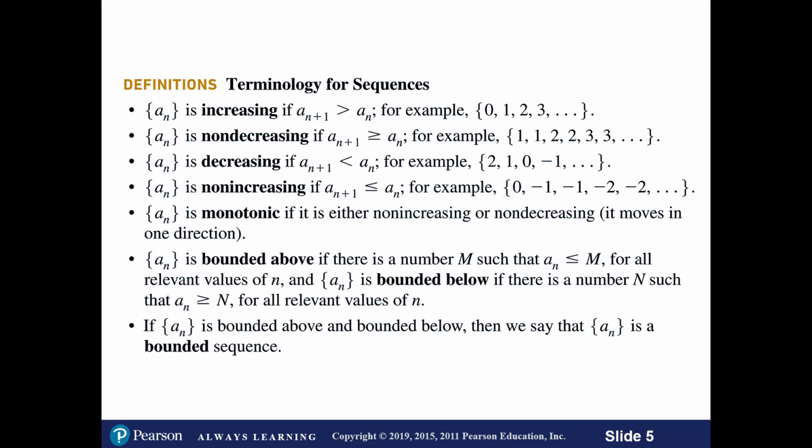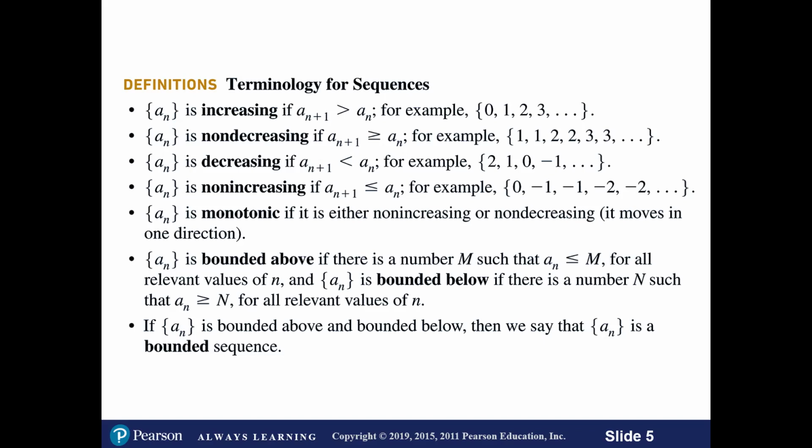And finally, a very important term: if you have a sequence that is either non-increasing or non-decreasing, so increasing or non-decreasing, decreasing or non-increasing, it's monotonic. Monotonic means it's moving in just one direction. So a decreasing or increasing sequence would be monotonic, but one that gets smaller and then gets larger is not.